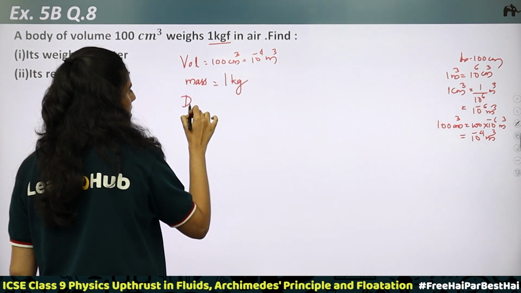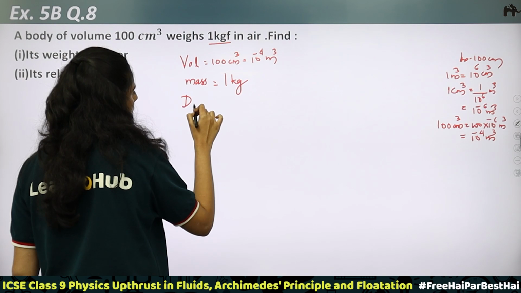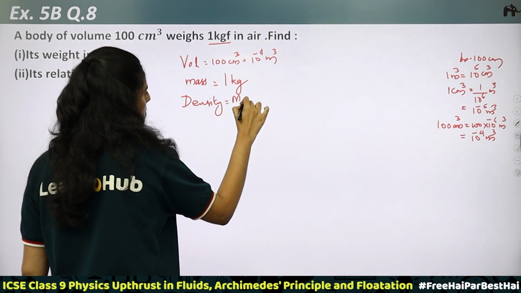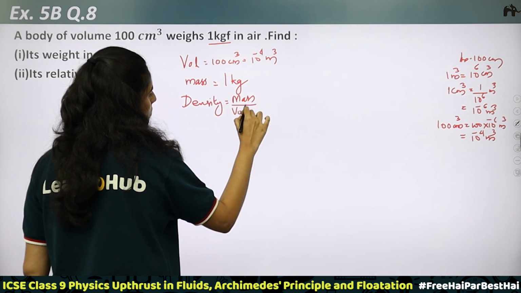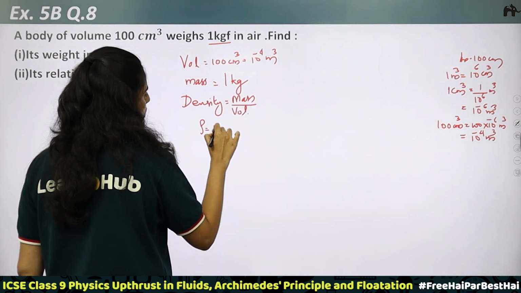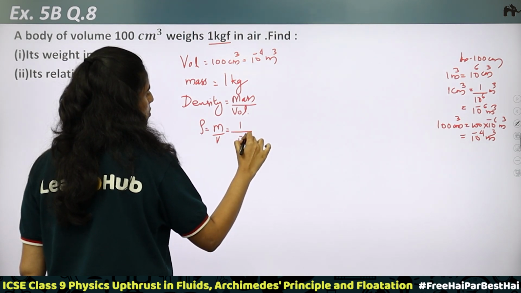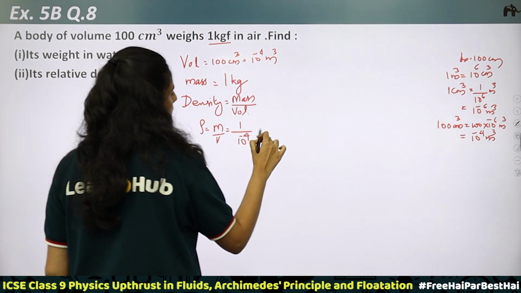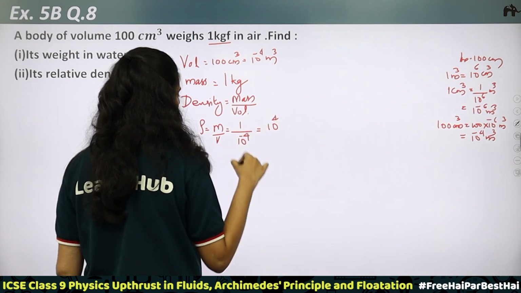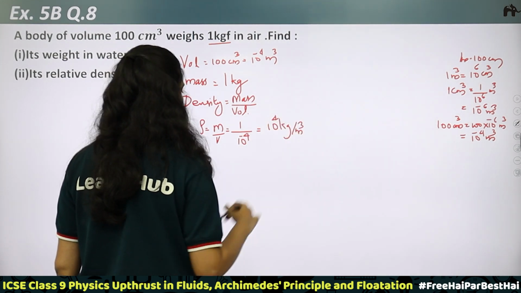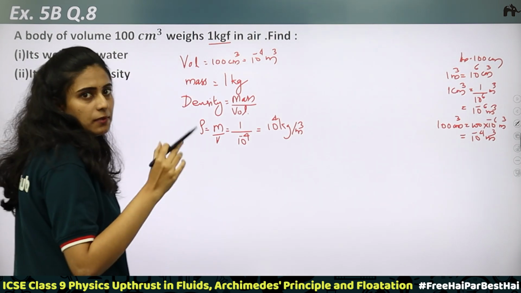Then we can find the density. The density of the body is equal to mass by volume. So rho is equal to m by v, which is equal to 1 divided by 10 raised to minus 4, which is 10 raised to 4 kilogram per meter cube. So we got the density of the body.